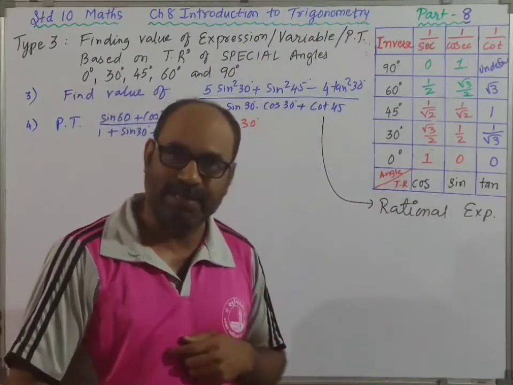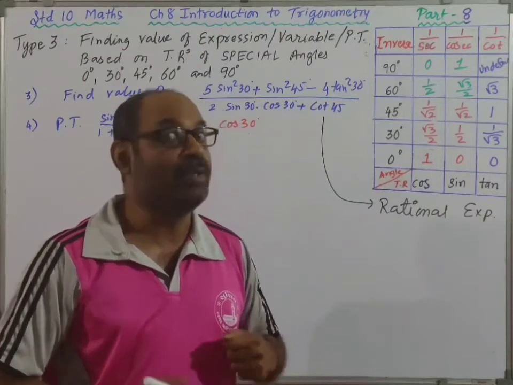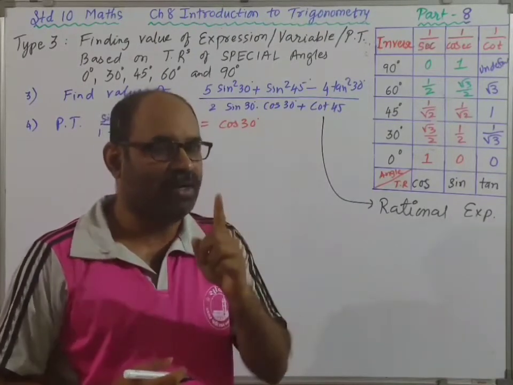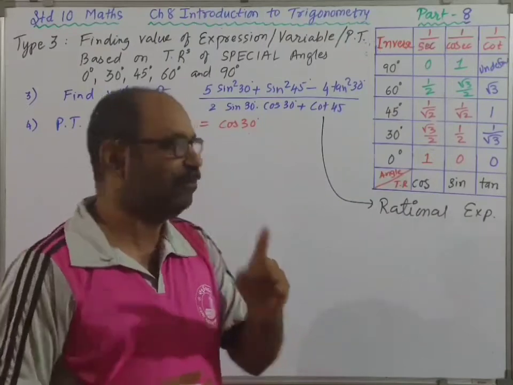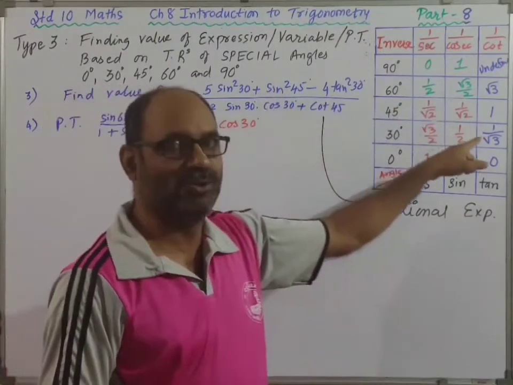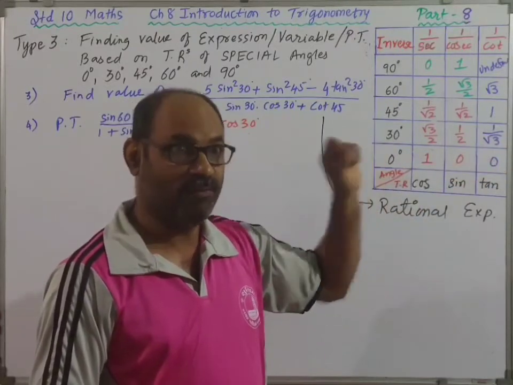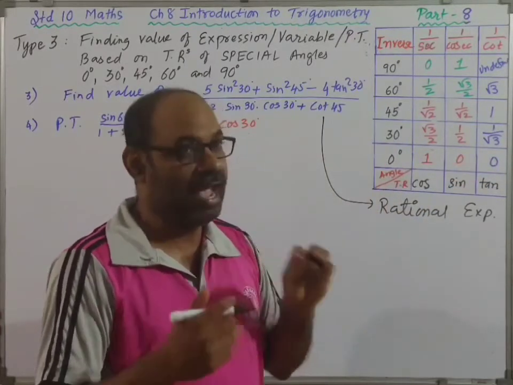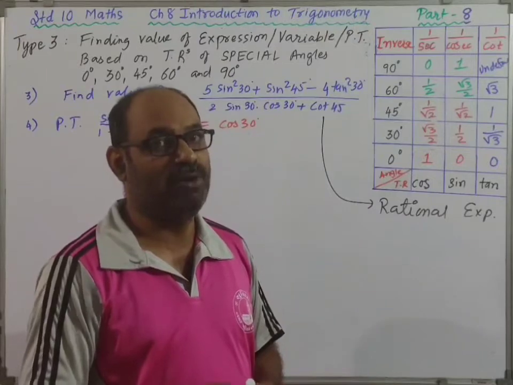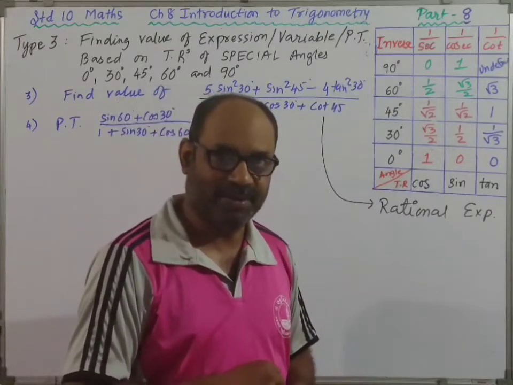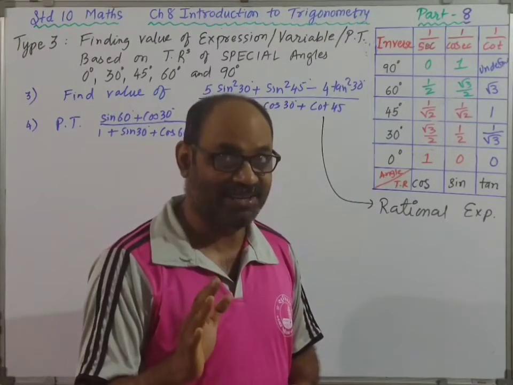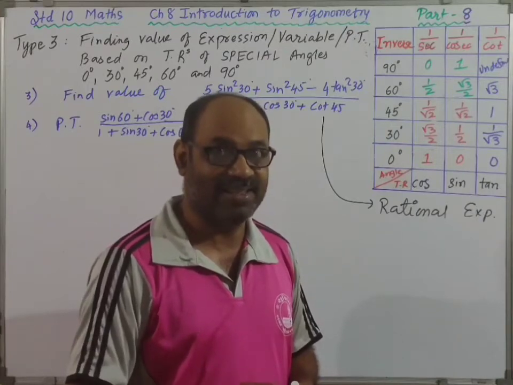So your work has become tougher, and you have to be more careful. The first thing you have to be very careful about is putting the right values of trigonometric ratios of special angles. For that you get marks. And then next you have to be careful while simplifying. There shouldn't be any mistake, to get the correct answer at the end.